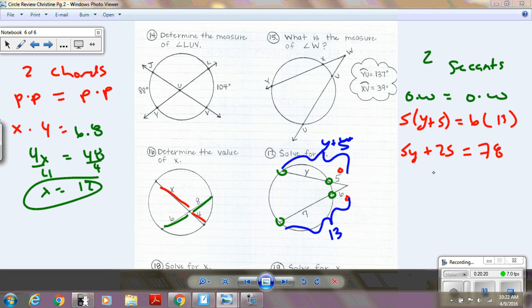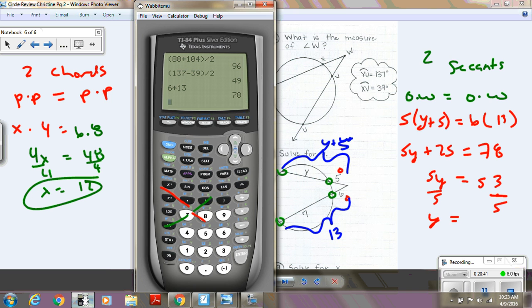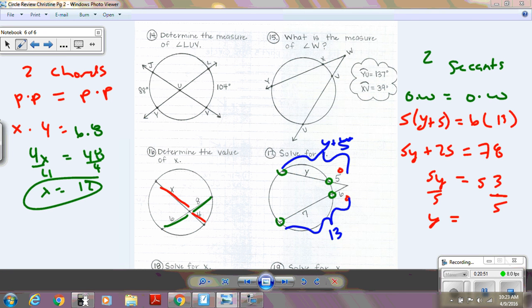So we subtract 25 on both sides. And when you subtract 25, you get 53. And divide both sides by 5. And y is equal to, this is not going to divide evenly, 10.6.